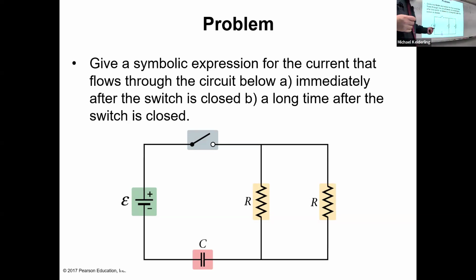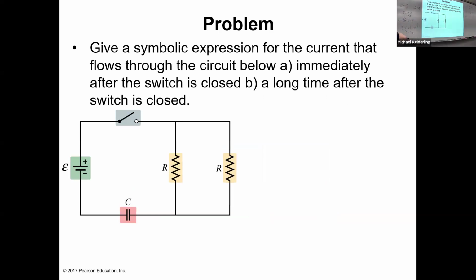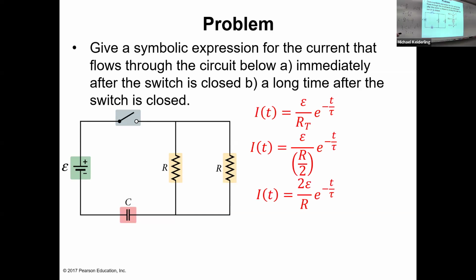So here, this is just a basic RC circuit with an equivalent resistance of R over 2. So the current flowing through the circuit is going to be epsilon over the total resistance times e to the minus t over tau. So epsilon over R over 2, e to the minus t over tau. So 2 epsilon over R, e to the minus t over tau.